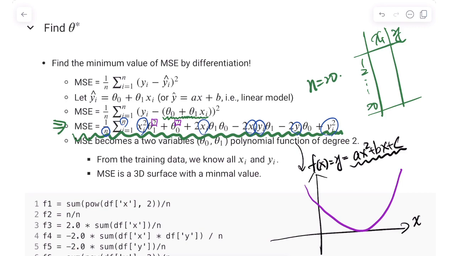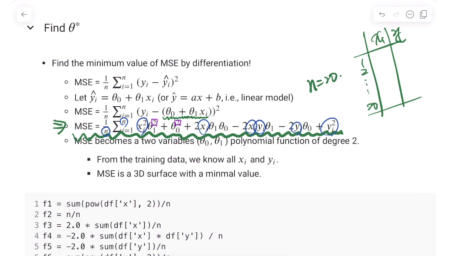So think about this new MSE function. We draw it in another way. MSE is a function of theta 0 and theta 1.